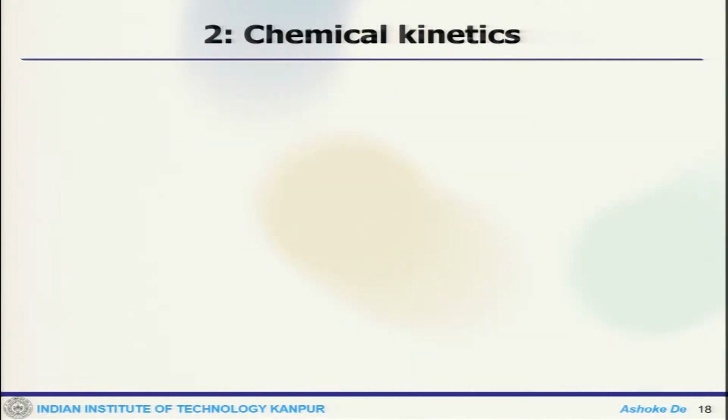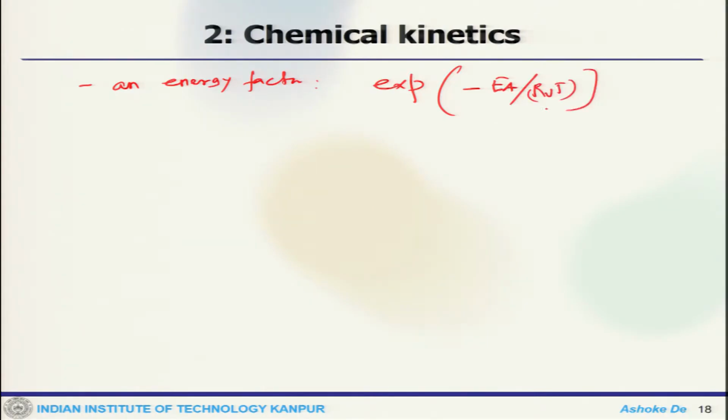Now, the probability that a collision will lead to a reaction can also be expressed as a product of two factors. One is an energy factor, which is exponential of minus EA by RUT, which expresses the fraction of collisions that occur with an energy above the activation energy.